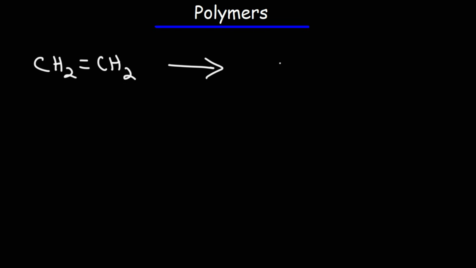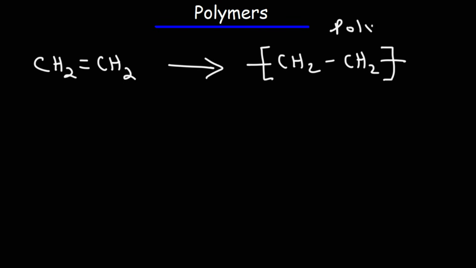And during polymerization, it will turn into polyethylene. Polyethylene is actually an alkane, but the ene comes from the fact that the monomer is an alkene. So this is the repeating unit of polyethylene.